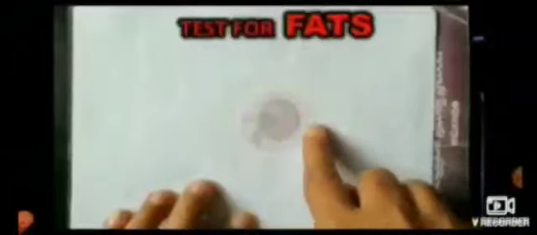Now we are going to test for fats in the given food materials. For this purpose we need to take a paper and we have to take some food material, that is here we are taking ghee, and put a drop on the paper and rub like this.